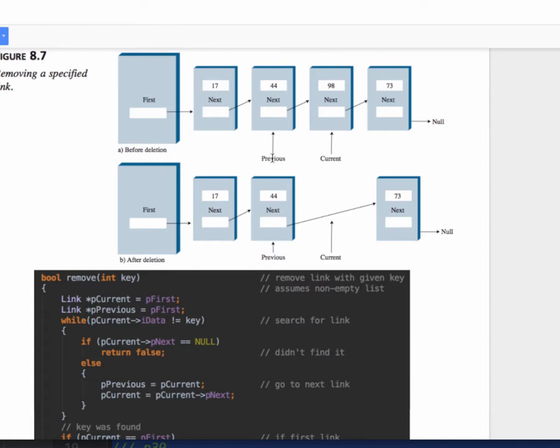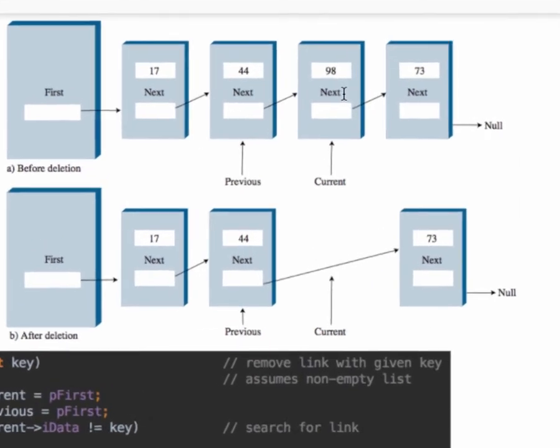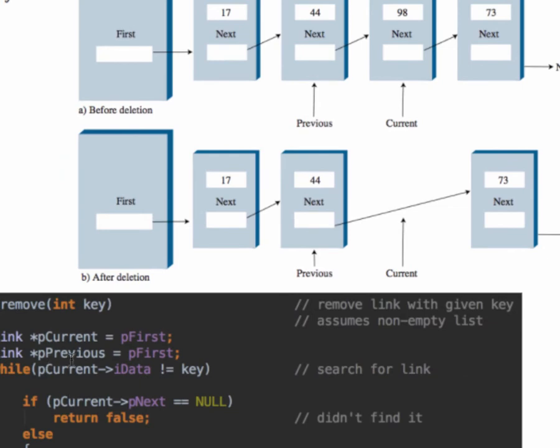So the way it's going to work is this. We're going to tell current and previous to start moving down the list. Previous is always one link behind. Let's say we're trying to delete link 98. We're going to tell current, start at first and move down until you become equal to the key value.